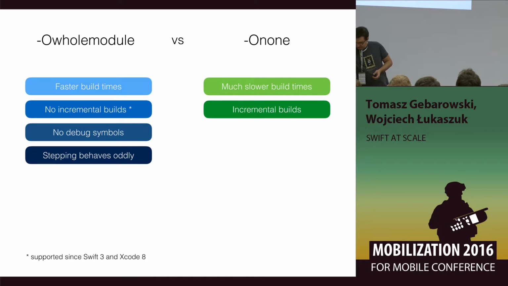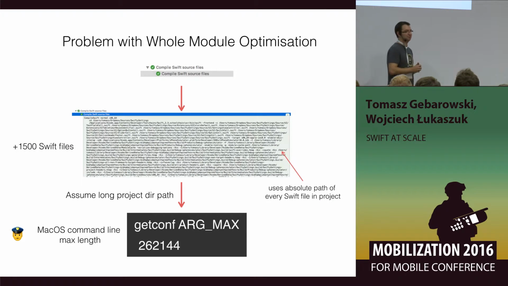And we started to dive into how this whole module optimization works, and the bigger our project was, the more problems we had. So up to Xcode 7.2, for example, we had a problem that our project stopped compiling at the continuous integration server. And we were surprised, because it worked locally.